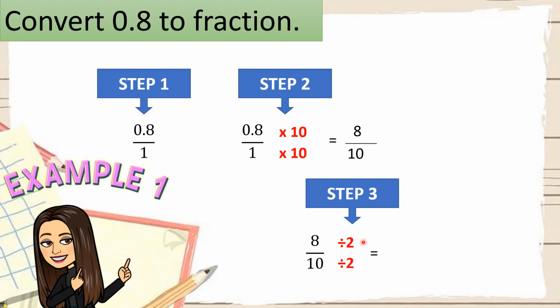So that is their greatest common factor. So we have here 8 divided by 2 will give us 4, and then 10 divided by 2 will give us 5. So therefore, 8 tenths is equal to 4 fifths. So whenever we write 8 tenths as a fraction, that is equal to 4 fifths.